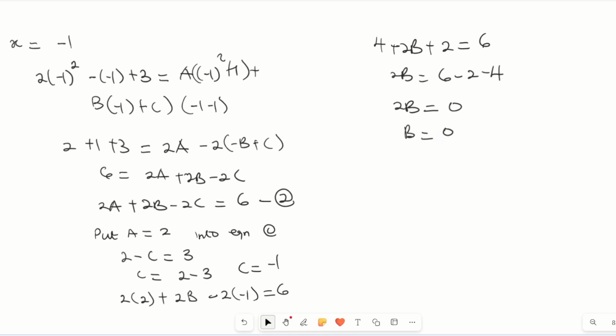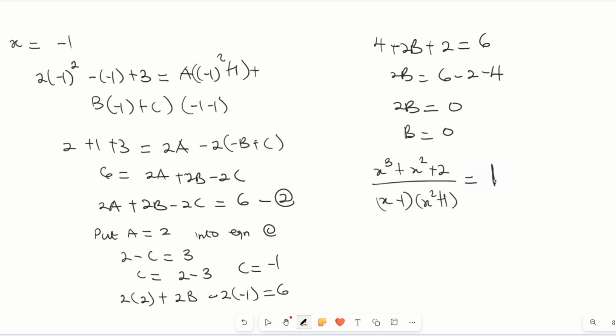So now that we have our a, our b, and our c, we can express our partial fraction, or our expression, which is x cubed plus x squared plus 2 all over x minus 1 and x squared plus 1, equal to, first we have 1.